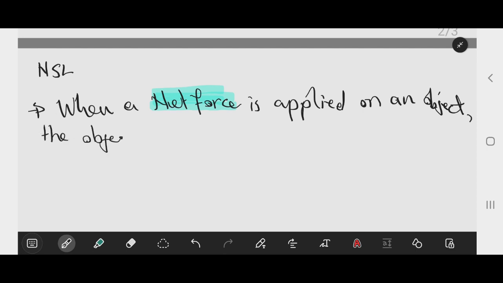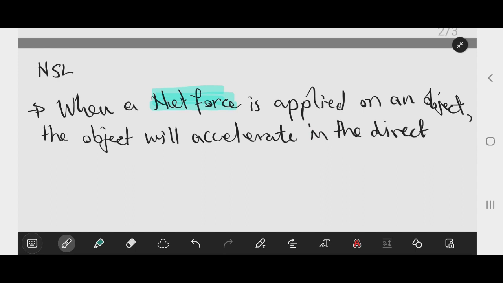The object will accelerate. And this object will accelerate in the direction of the net force. Okay? And most importantly, the object will accelerate, not the object will move. The object will accelerate in the direction of the net force, right?